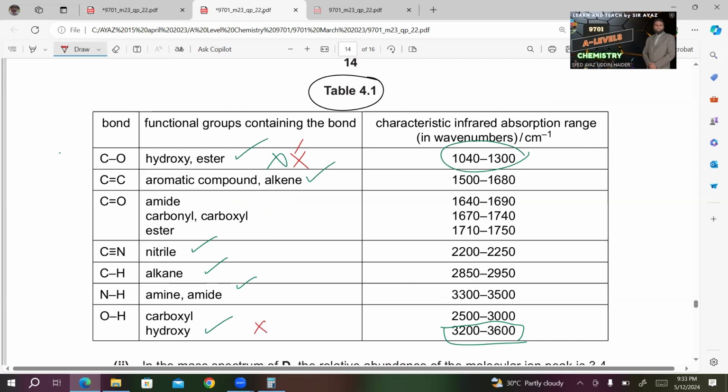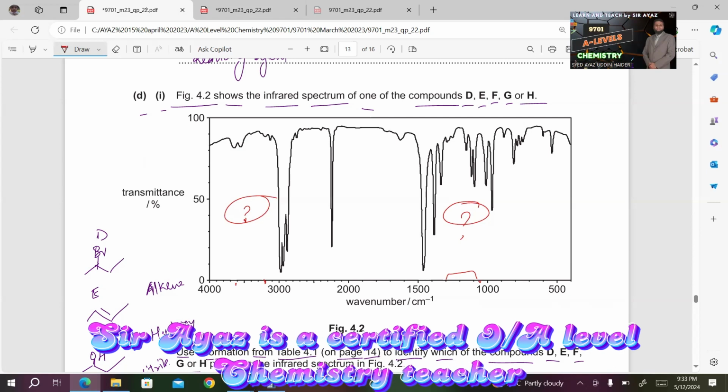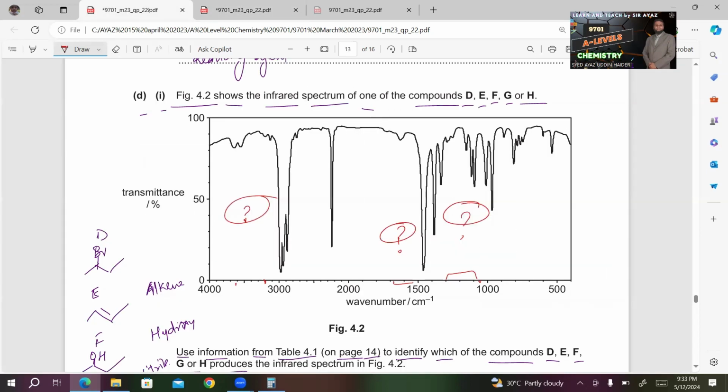What about alkene? 1500 till 1680, between this area. No absorption, so it is also not there. So far, we don't have alkene, we don't have hydroxy.